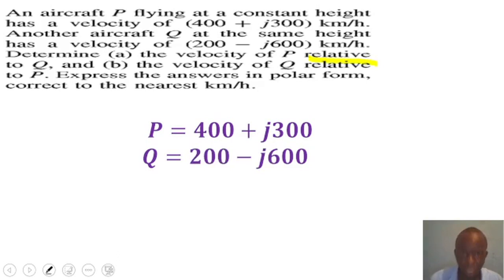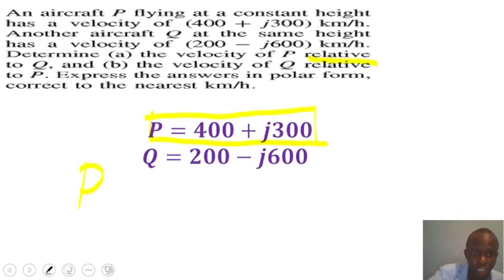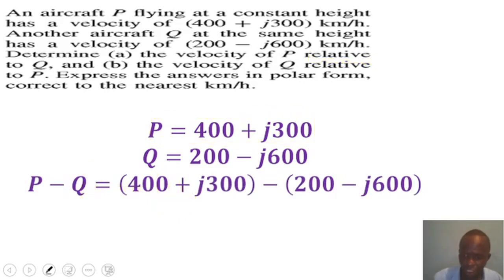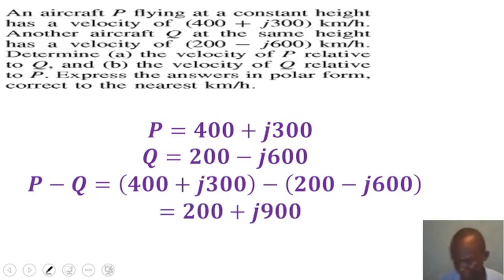So in this case, the one that has got the highest speed is P. So the relative speed, the velocity of P in relation to Q, is simply P minus Q. It's shown that way, P minus Q. And from the subtraction, we see it boils down to 200 plus j900.